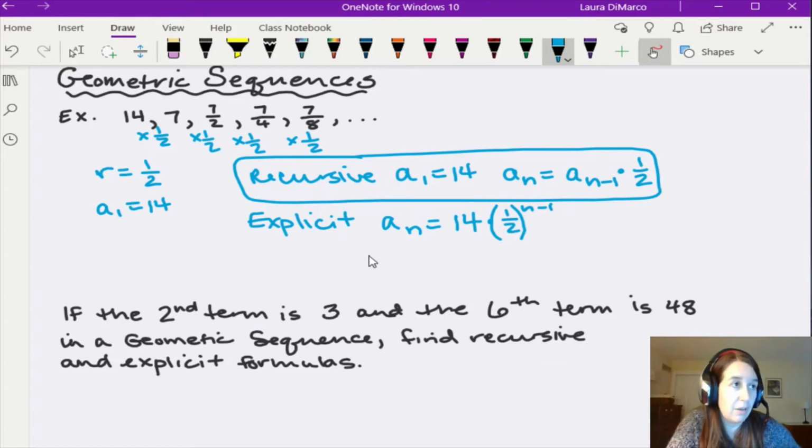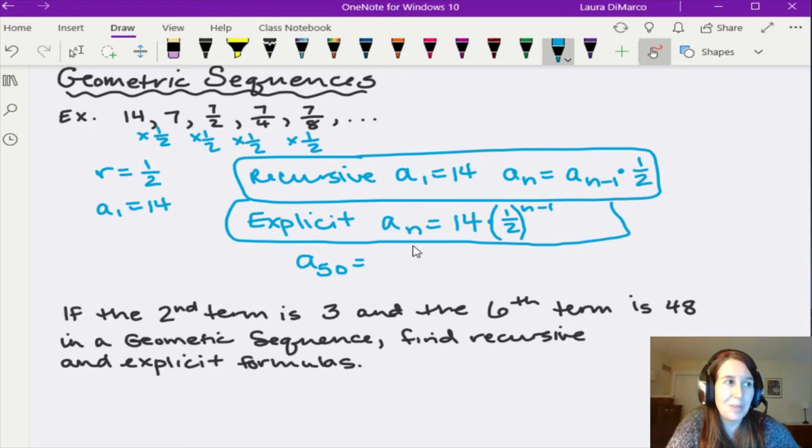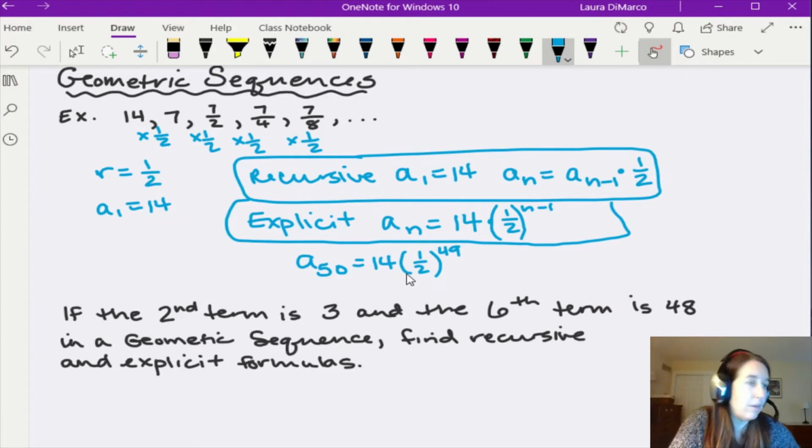All right, so finally, if we wanted to find the 50th term, a sub 50, we're going to use our explicit formula again. So 14 times 1/2 to the 49th power. Okay, now we could multiply that out.